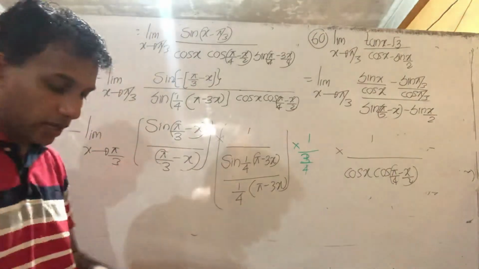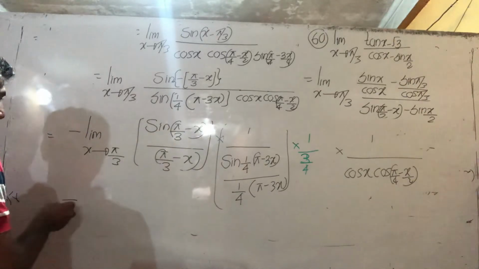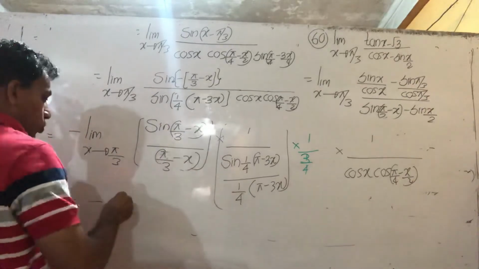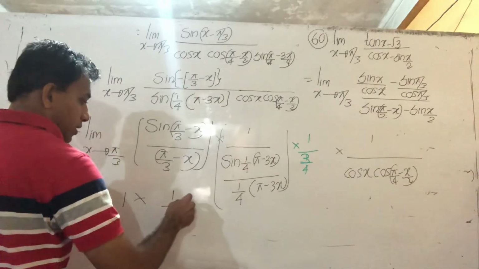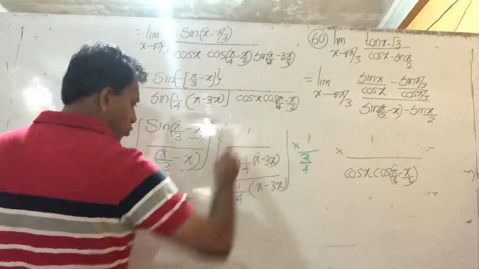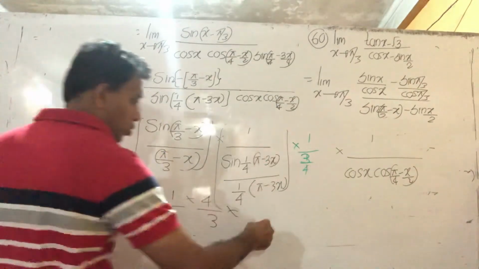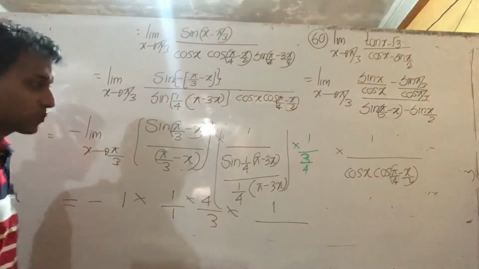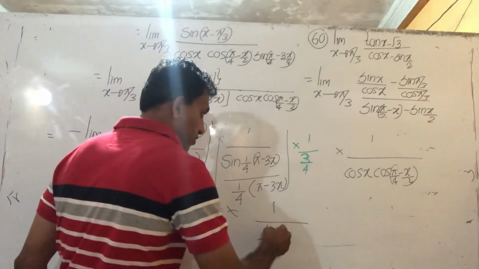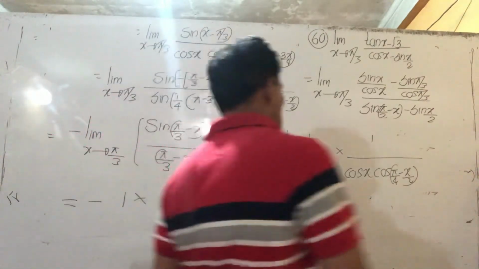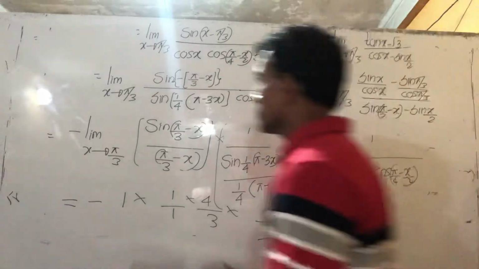So everything is okay. Now write the limit value. There's a minus here, sine theta over theta is 1, and 1 over that is 1, okay. Can I take the 4 up? 4 over 3 into 1 over cos of pi by 3 by 2, into cos of pi by 4 minus, putting x as pi by 3, pi by 6.